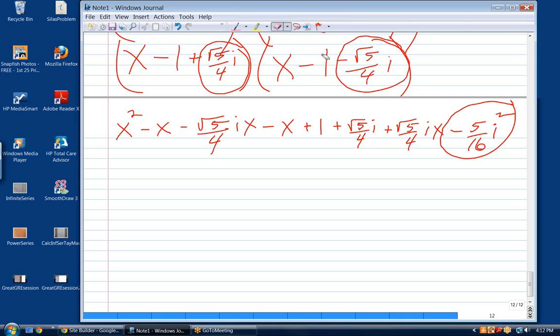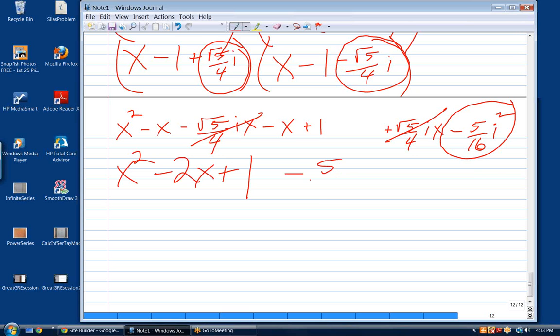But when you multiply this minus 1 times that, you get the minus side. So we do have two of these terms. They're going to cancel one another out, so I'll erase it. And now we have x squared minus 2x plus 1.